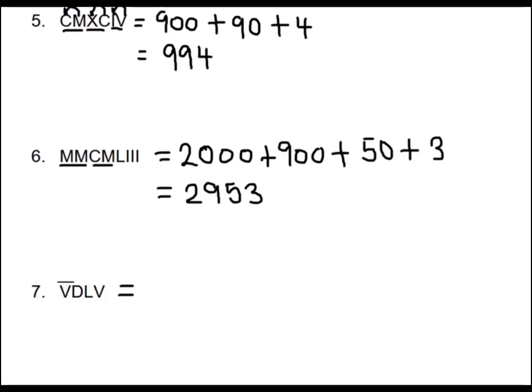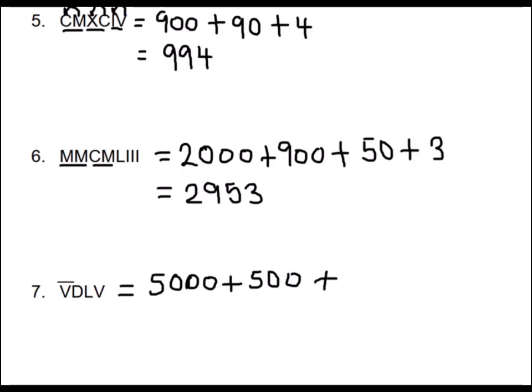We have V bar DLV. You remember what V bar is? Yes, V bar is representing 5000. So this is 5000. Then what is D? D is 500. Then what is L?